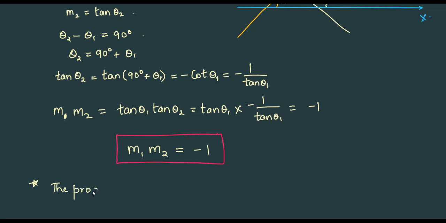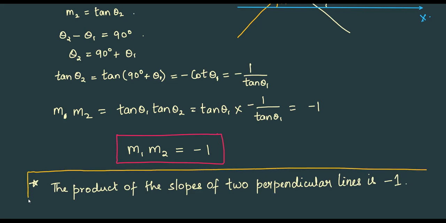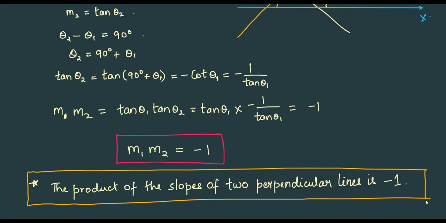The product of the slopes of two perpendicular lines is -1. Okay, m1 m2 equals -1.